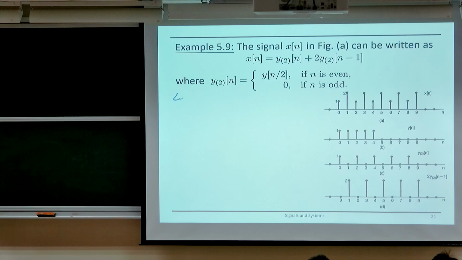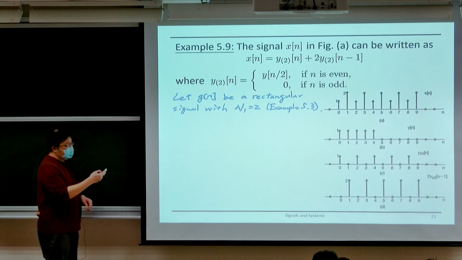Now, first of all, let g[n] be a rectangular pulse, a rectangular signal with n1 equal to 2. This is referring to example 5.3.